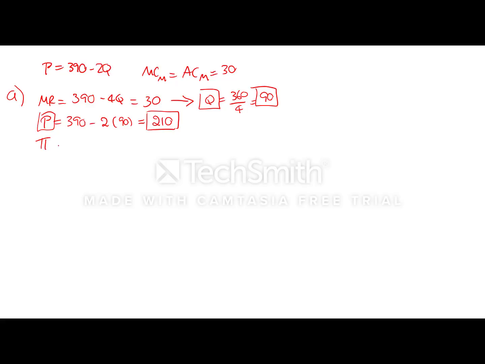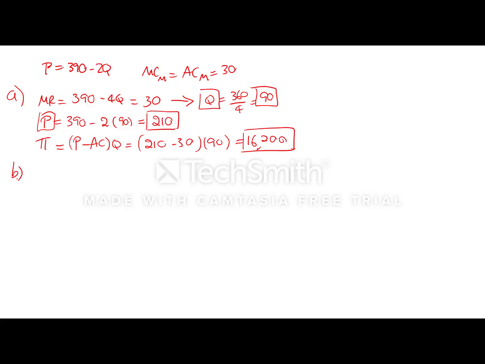So profits would be price minus average cost multiplied by quantity. 210 minus 30 multiplied by 90, which is $16,200. So that is part A.